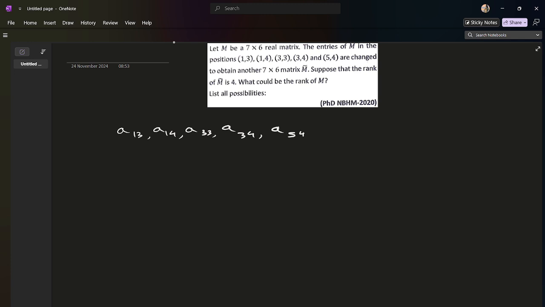Suppose that the rank of M cap is given as 4, then what could be the rank of M? So we have to list all the possibilities.